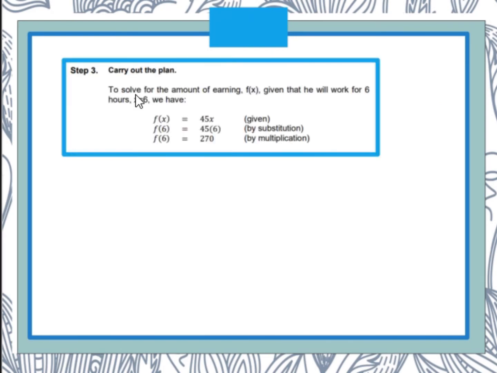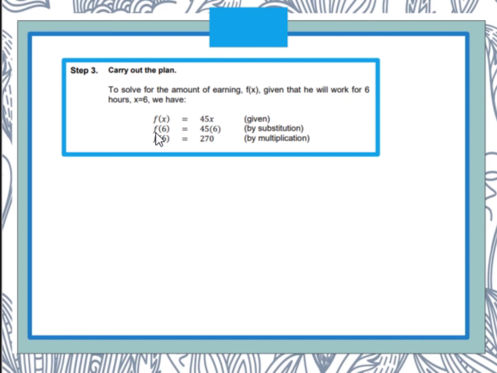Ang third step ay we carry out the plan. To solve for the earnings, we will be using f of x given that he will work for 6 hours. So our x will be equal to 6. From the formula, function of x is equal to 45x. And then, ang given natin ay yung 6 hours na trabaho.